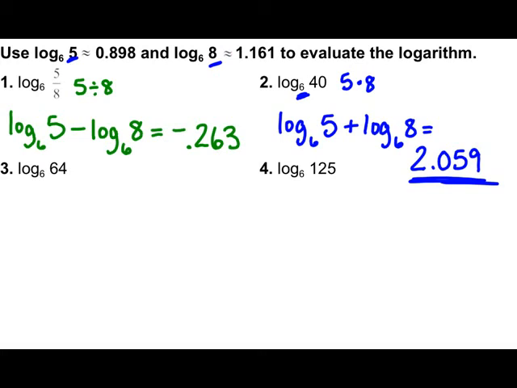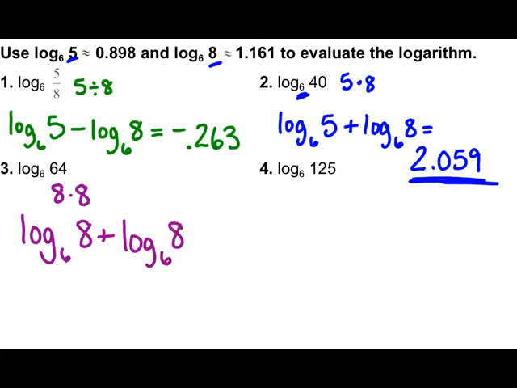Okay, next one. Change up the color. 64. Well, I know I can't use a 5 to make 64, but I know 8 times 8 is 64. So you can either write it as the power of 2, or you could just break it up. This time I'm just going to break it up. Log base 6 of 8. Multiplication becomes addition. Log base 6 of 8. And then I just substitute in my value.